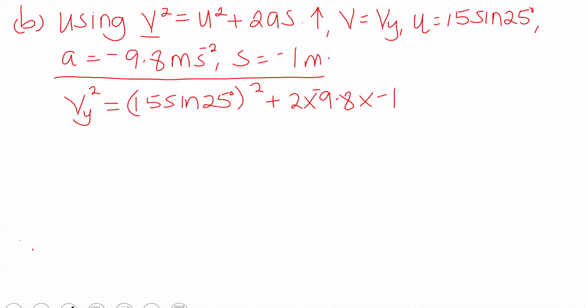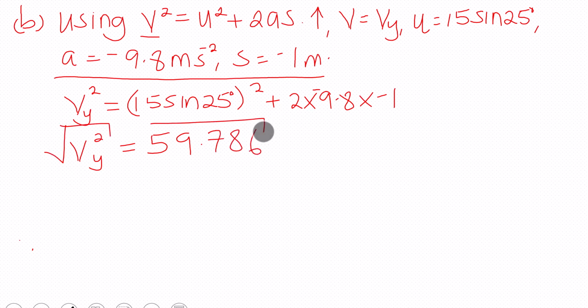Finally, you will have your vy squared equaling 59.786, and if you take the root on both sides, you're going to have your vy equaling 7.73 meters per second. That's how we can get the velocity in the y.